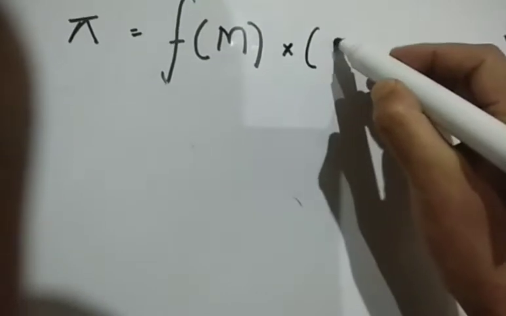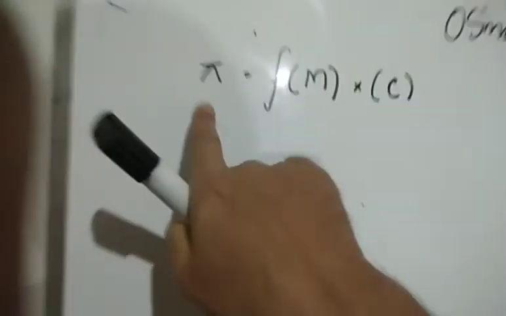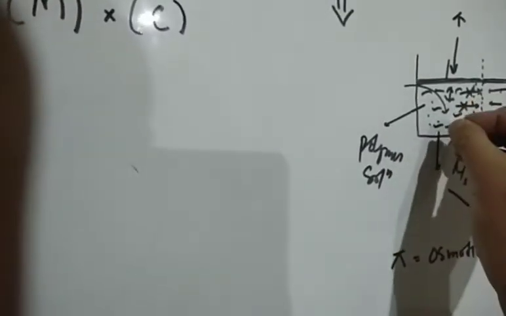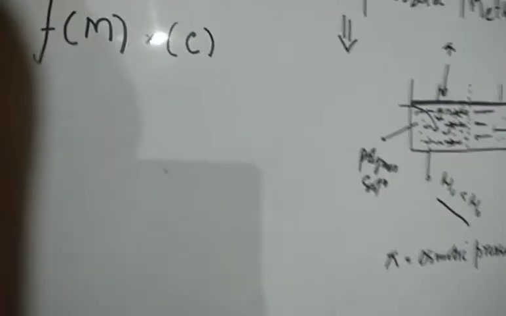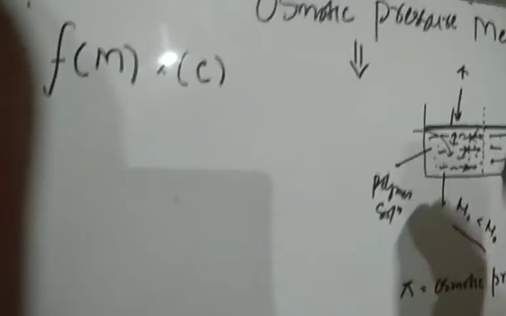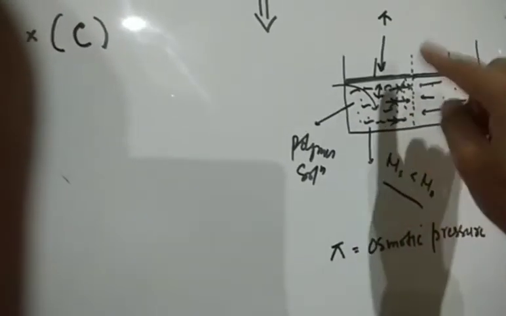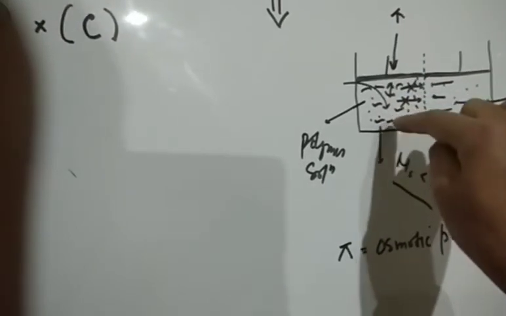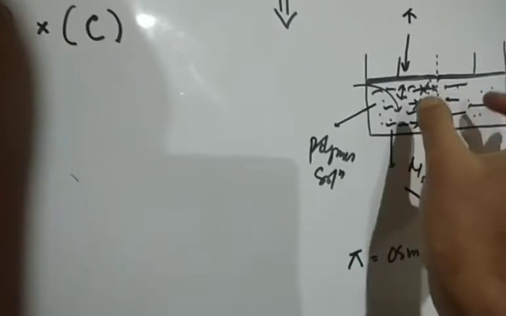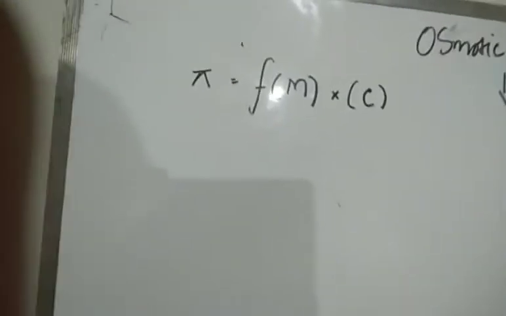The greater the concentration, the greater the osmotic pressure. So if the molecular weight of the polymer is higher, if it is a larger size of polymer molecules, you need larger osmotic pressure to get the equilibrium. Likewise, if the concentration is more, then you need to apply a larger pressure so as to maintain the equilibrium. So this is basically the concept of osmotic pressure.